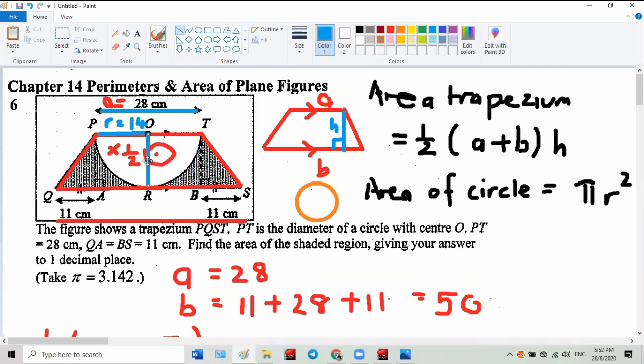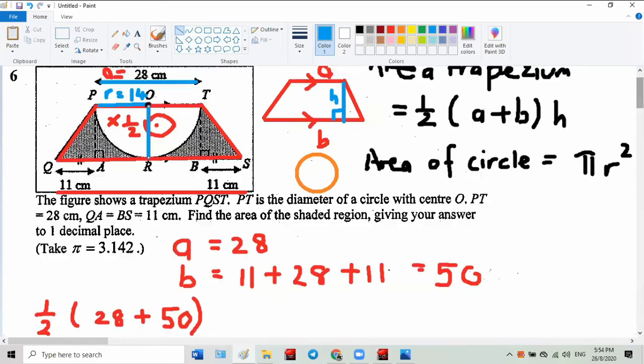Yes. So this is exactly the height. Can you see or not? So do we have the height of the trapezium? What's the height of the trapezium? 14. Yeah, thank you. So what's the answer now? Don't give me wrong answer. What we are finding now is the area of the trapezium.